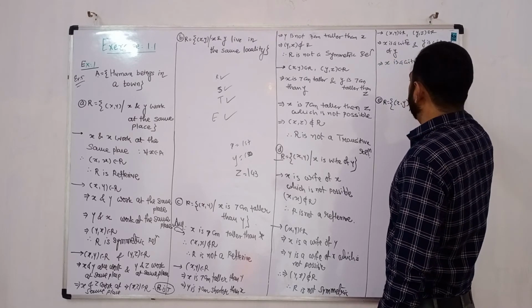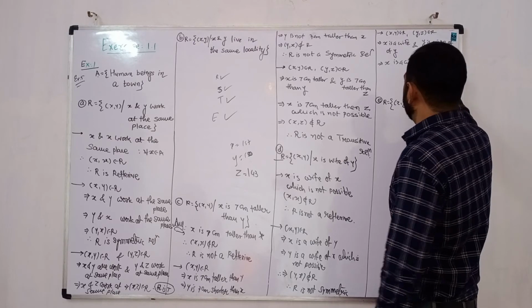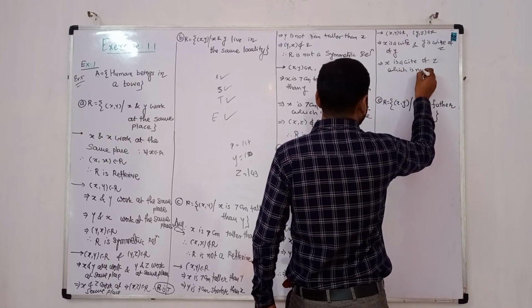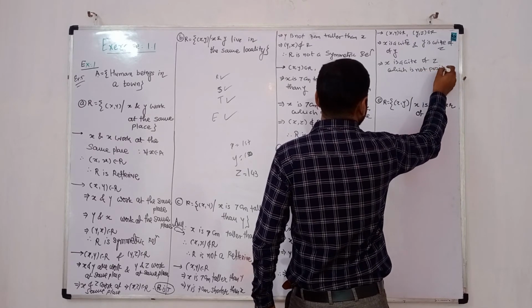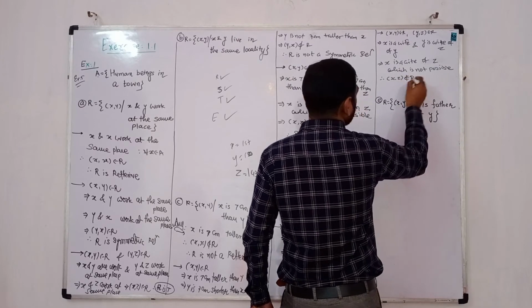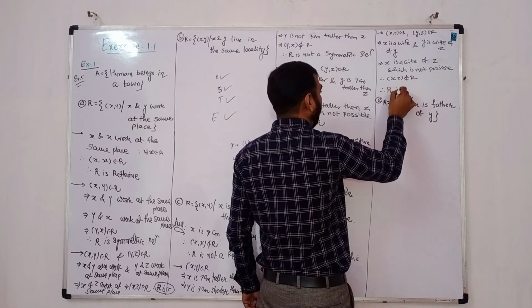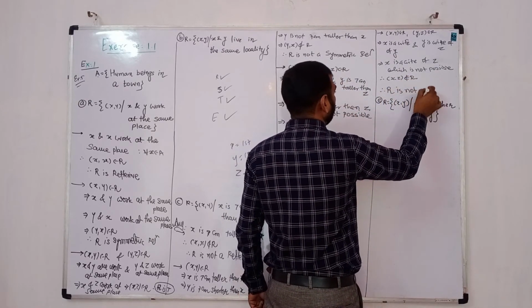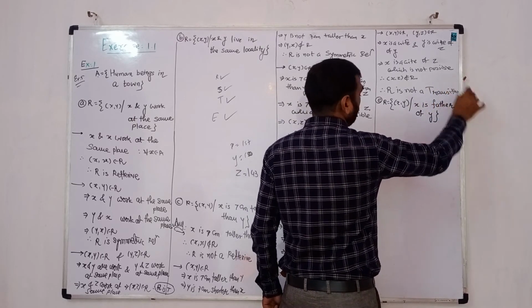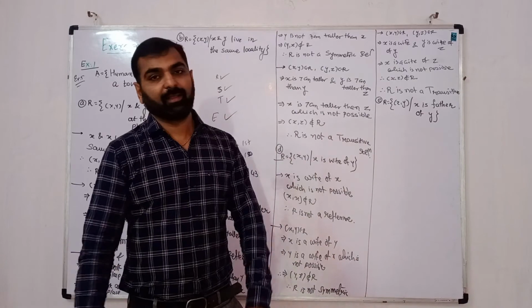Which is never possible. So XZ does not belong to R. उसका मतलब R is not a transitive. R transitive नहीं.